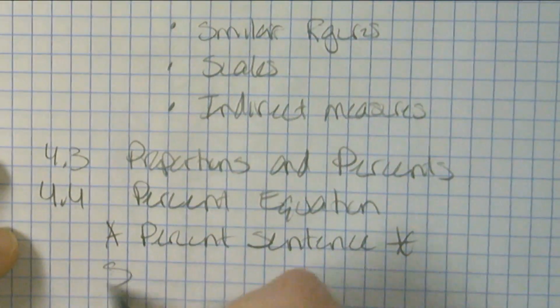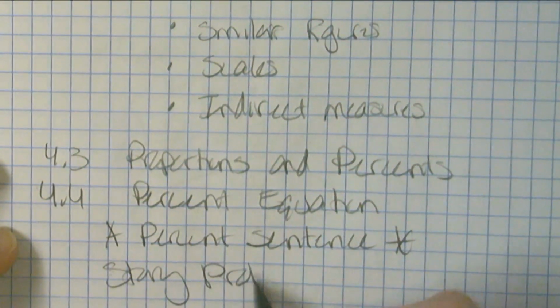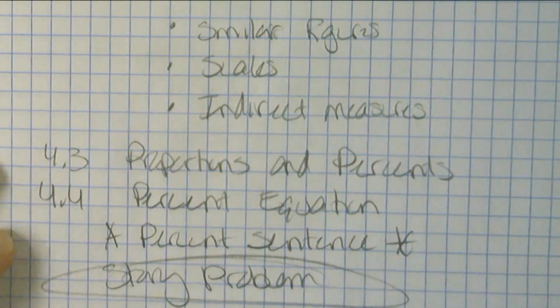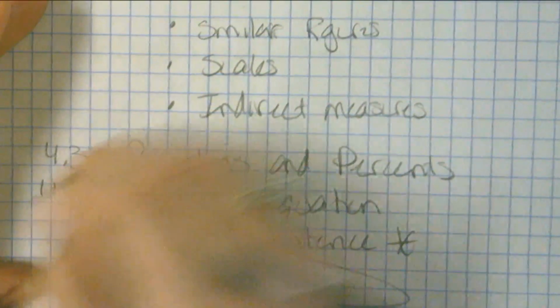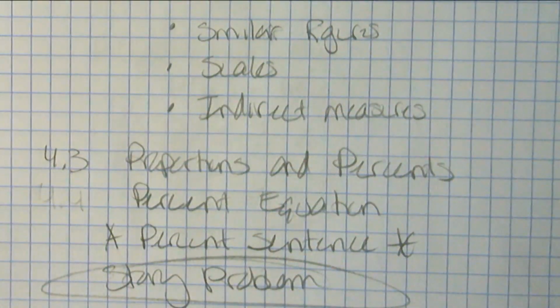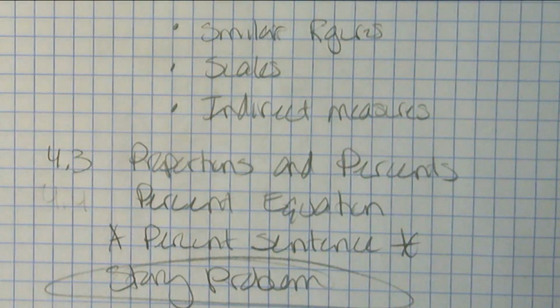You're definitely getting a story problem from 4.3, 4.4. So I'd go back into there. I guess that's just 4.3. 4.4 is percent of change. So they put percent equation and the proportions in the same thing.